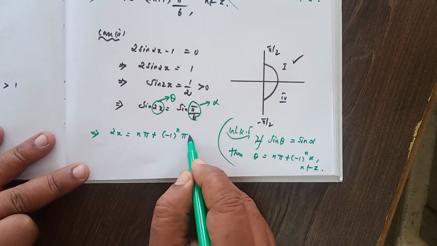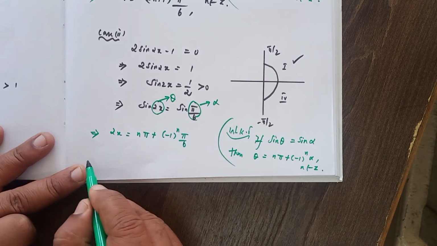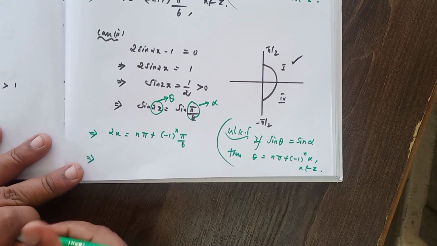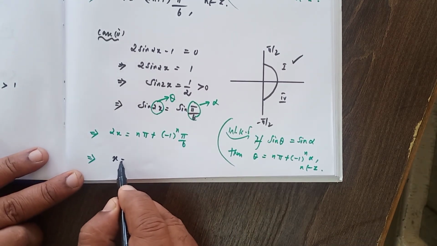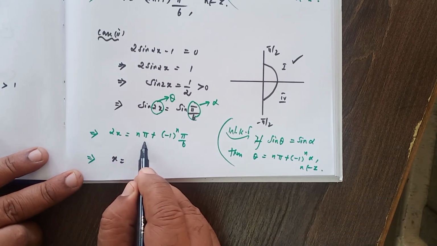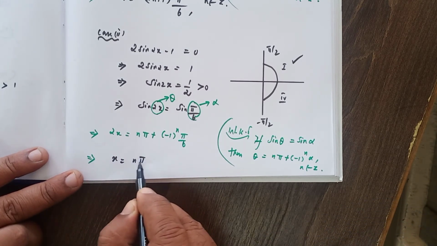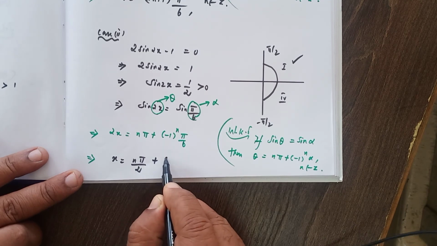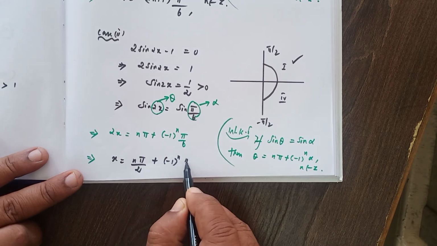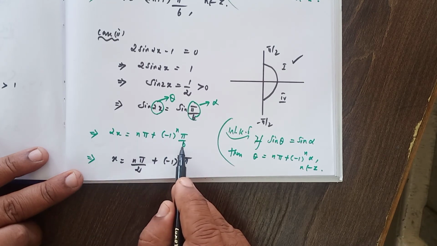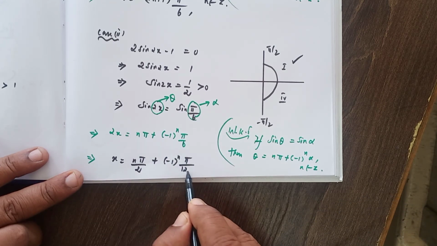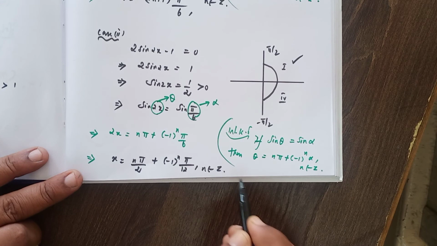Alpha is equal to pi by 6, which implies x equals, we have to divide here. If we divide now, you'll be getting n pi by 2 plus (minus 1) power n pi by 12. Here also we have to divide because in between we have the plus symbol, both to be divided by 2. 2 sixes are 12. n belongs to the set of all integers.